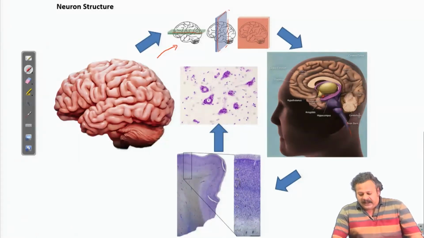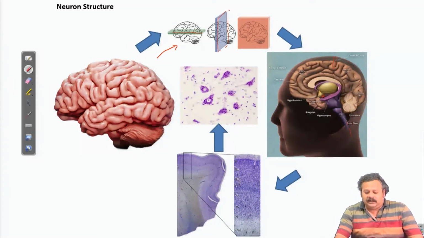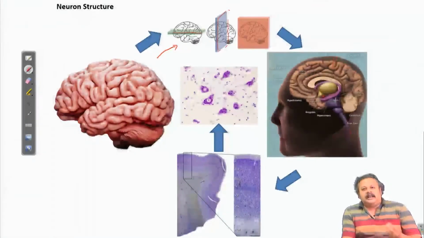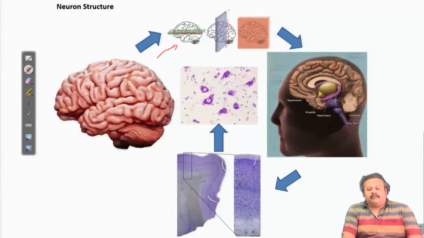If we take sections of the brain, a particular part of it, and do staining with appropriate stains to mark out the different cell bodies present in the brain, then it would look somewhat like this.